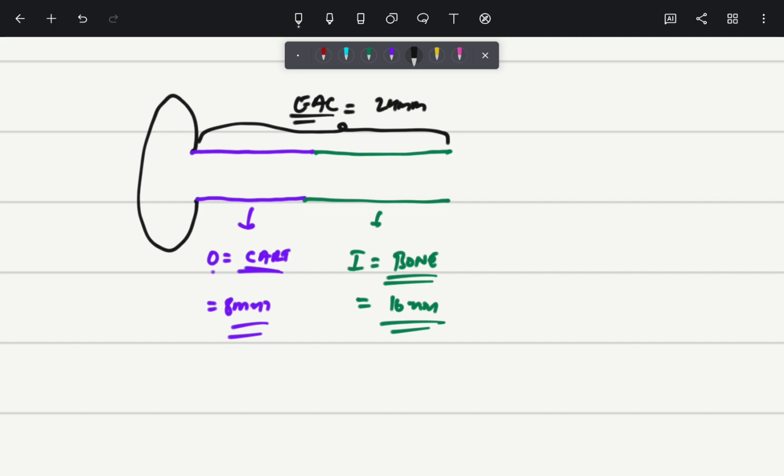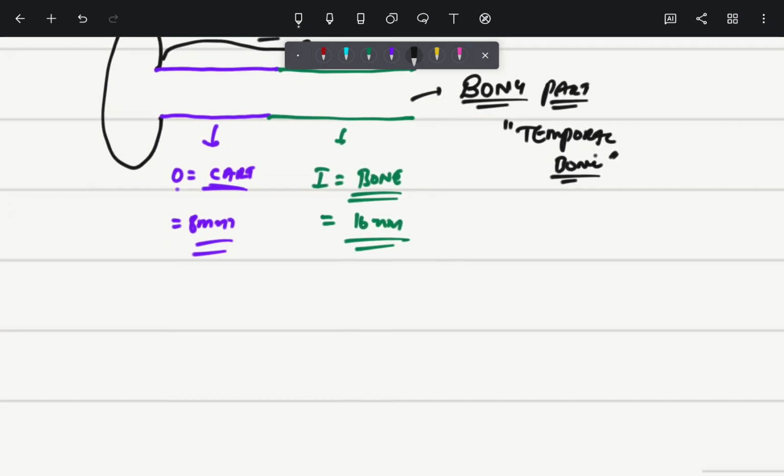Now, this external auditory canal, especially the bony part, is in close association with the temporal bone. So we have to understand the structure of the temporal bone.